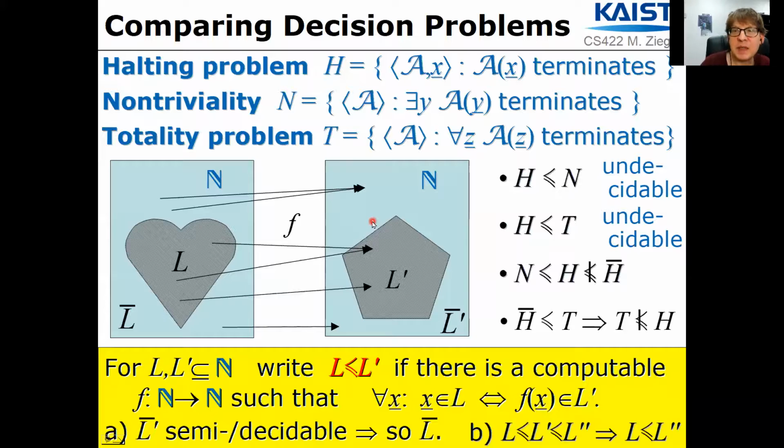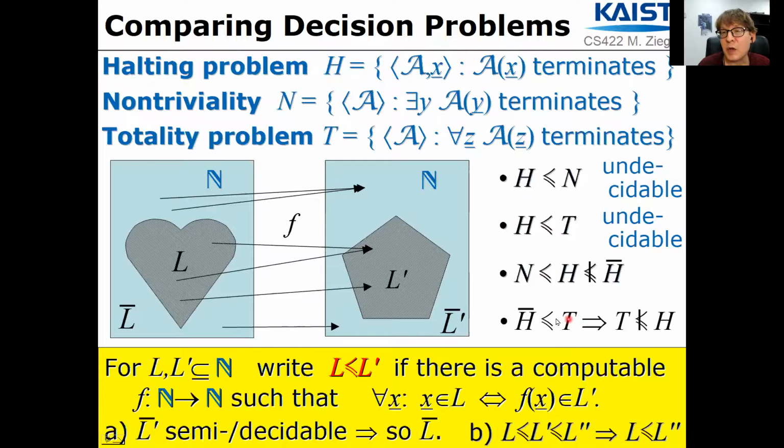Okay, so the last statement on this slide is that the complement of the halting problem is reducible to the totality problem. We're going to prove that in a minute, but first observe that from this it follows that also the totality problem is not reducible to the halting problem, because if it were, then the complement of the halting problem would be reducible to T, and T reducible to H, which is a contradiction to the earlier statement. So this is another impossibility proof exploiting transitivity.